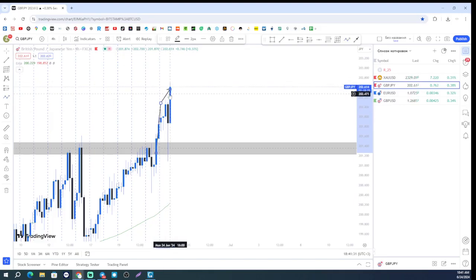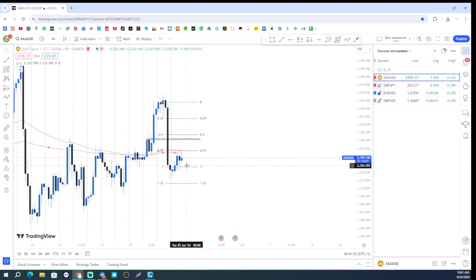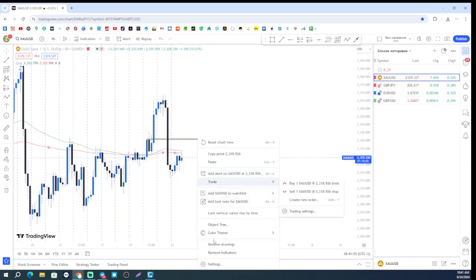So it looks like it's going to go up, but for now, if this price action closes right here on this 4 hour, I'm going to look to take buys from here, just due to the fact that it looks very beautiful.